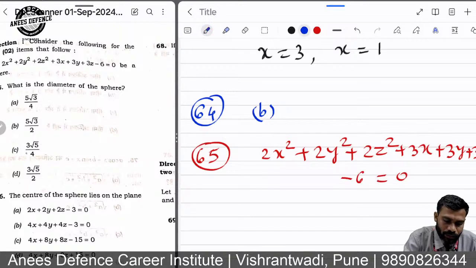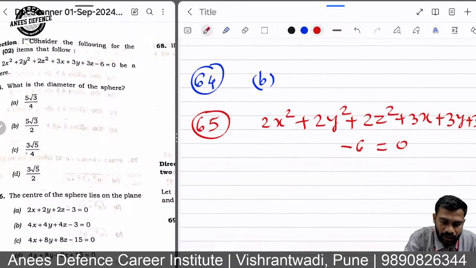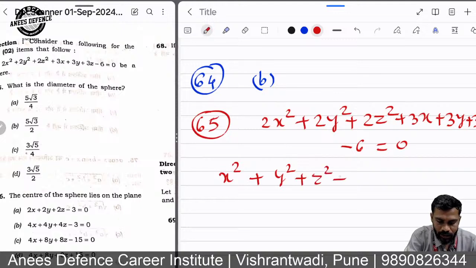Now, first of all, we need to make the coefficients of x square, y square and z square same, right? So we can divide it by 2. So we will be getting x square plus y square plus z square plus 3 by 2 x plus 3 by 2 y plus 3 by 2 z minus 3 is equal to 0, right?